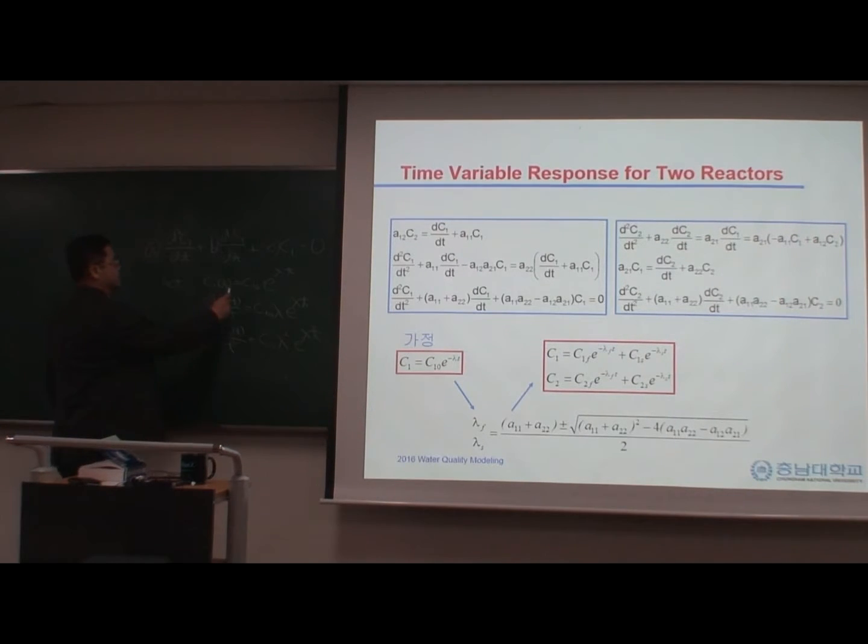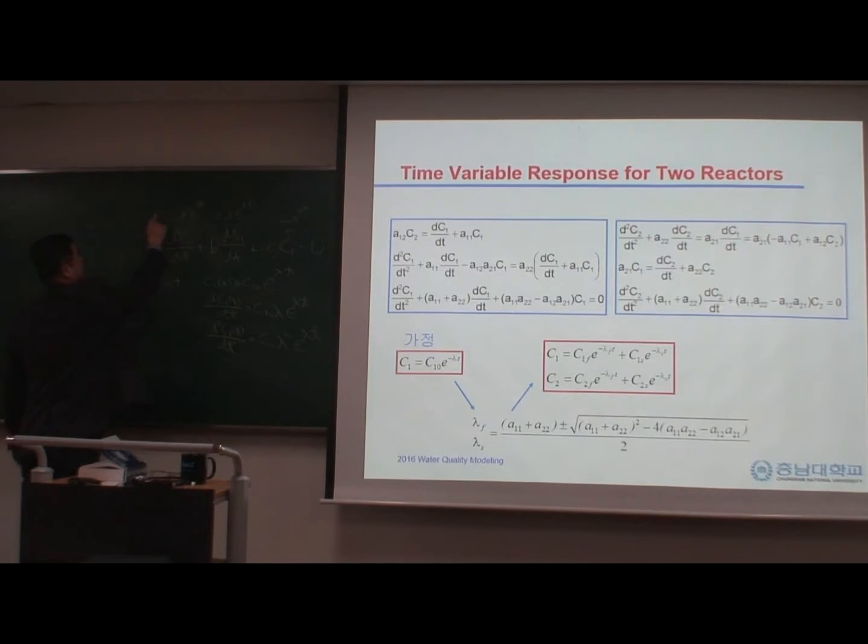So I have this one d/dt right here. This one is C10 e to the power of lambda t, and in here C10 lambda e to the power of lambda t as well. And this one is C10 lambda squared e to the power of lambda t.